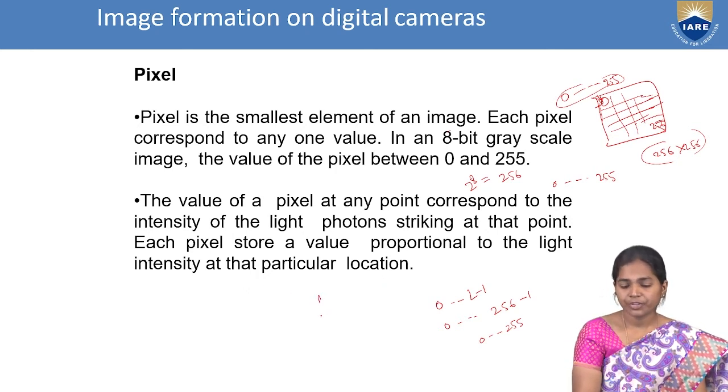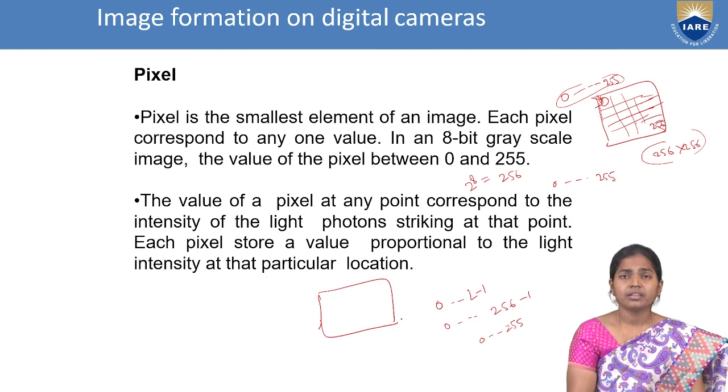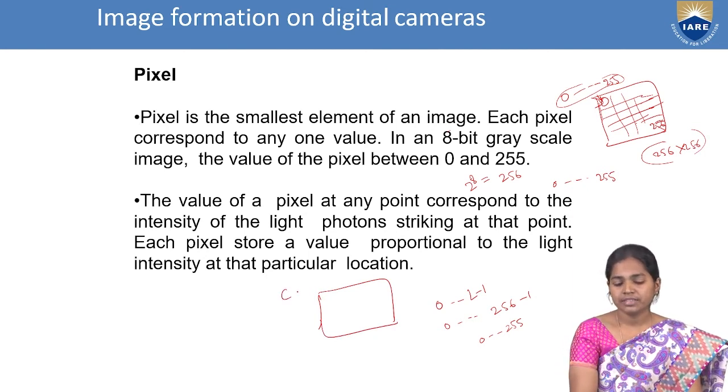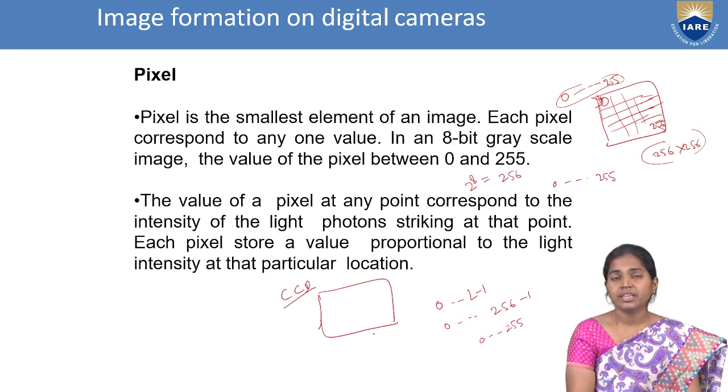For example, in our cameras or flatbed scanners, we are using a CCD. A CCD is in rectangular, matrix form, and each cell consists of a sensor.